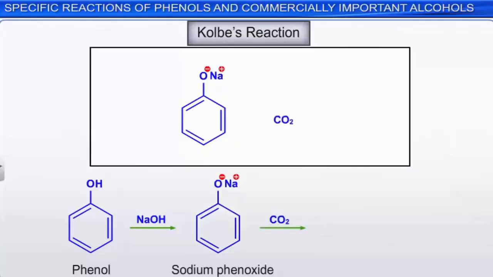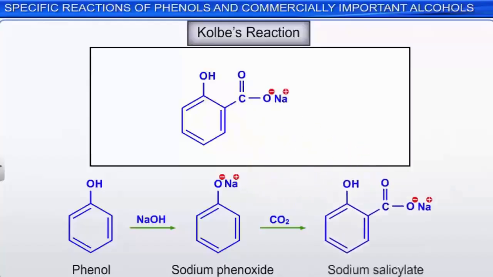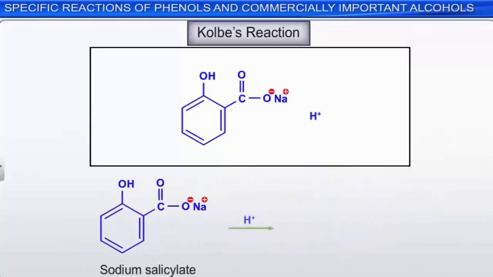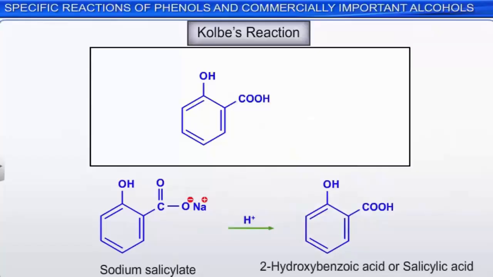Carbon dioxide, the neutral electrophile, attacks the phenoxide ion to form sodium salicylate. The sodium salicylate, when acidified, forms 2-hydroxybenzoic acid or salicylic acid. The ortho position is favored in Kolbe synthesis.